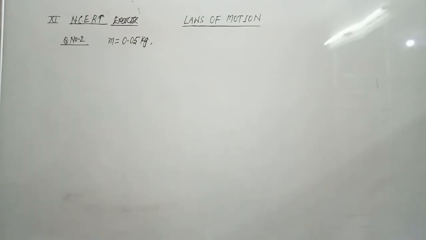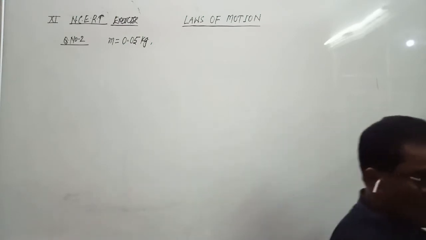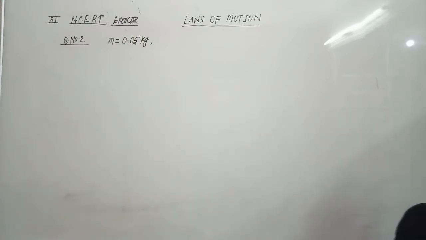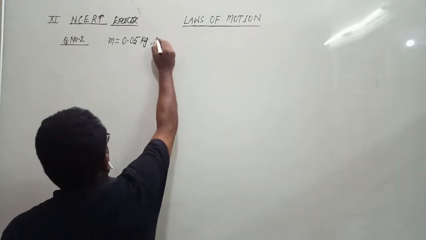Give the direction and magnitude of the net force on the pebble. There is a pebble of mass 0.05 kg which is thrown vertically in upward direction.